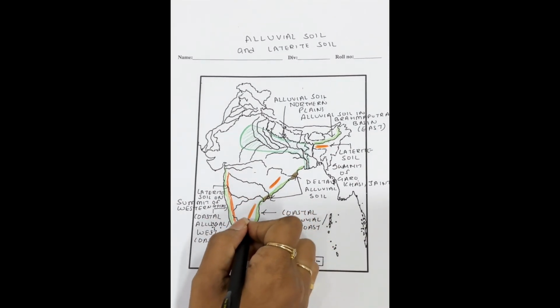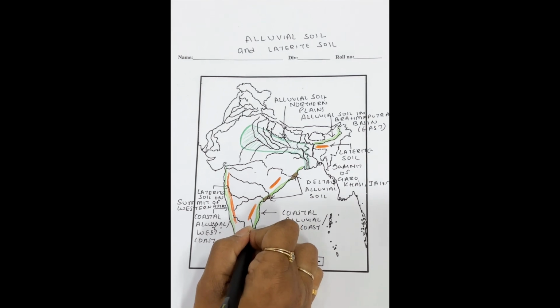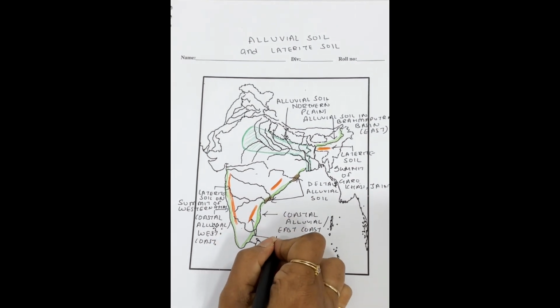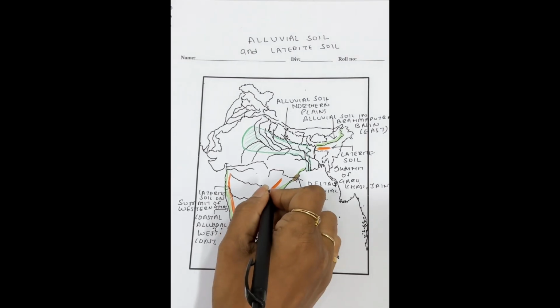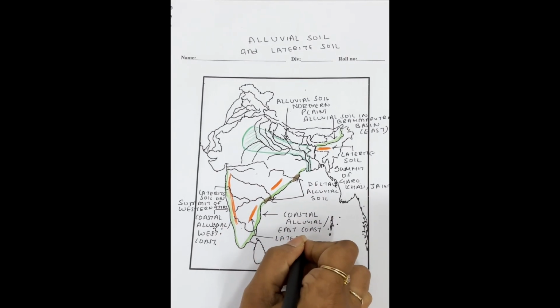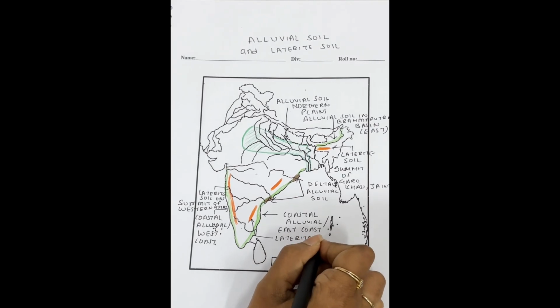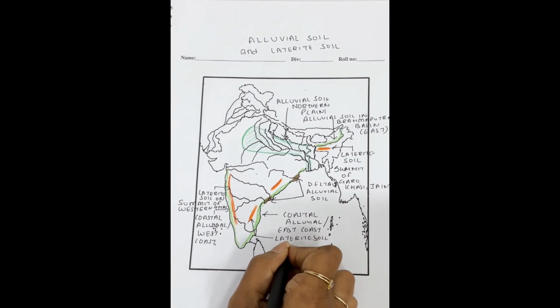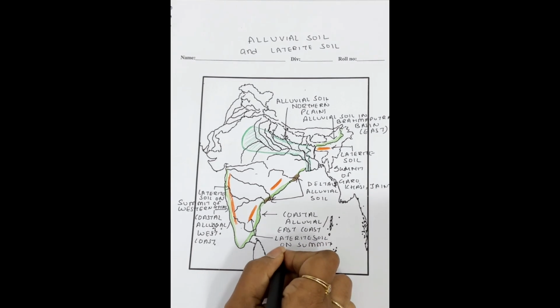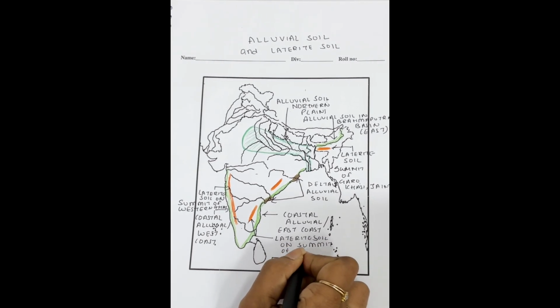And this is laterite soil, this, and of course the upper area also. Laterite soil on summit of Eastern Ghat.